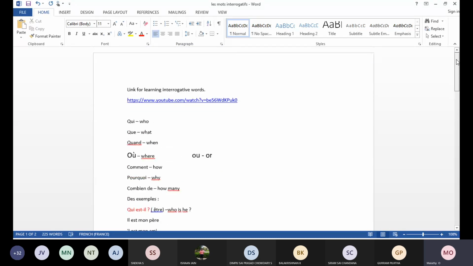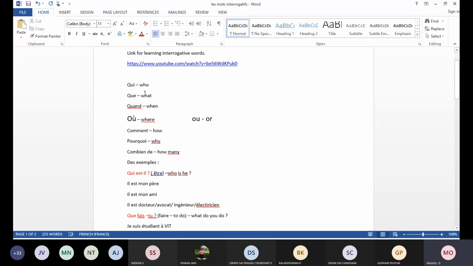So here it is. Here you have the meaning of the words qui, que, quand, où, comment, pourquoi, combien de. Right? You can see the fourth word, où. I mentioned another ou at the side. You could see the meaning is totally different. And the difference is made by the accent above the u.